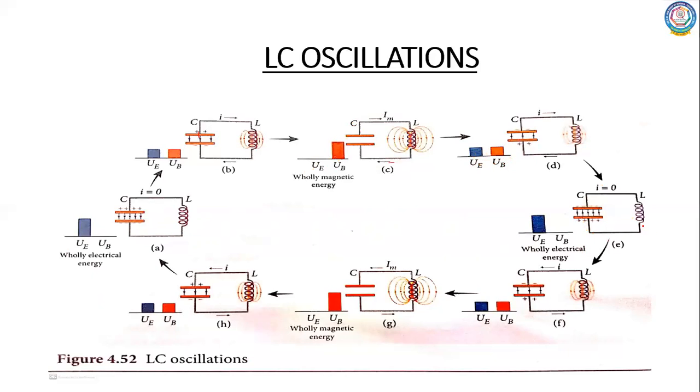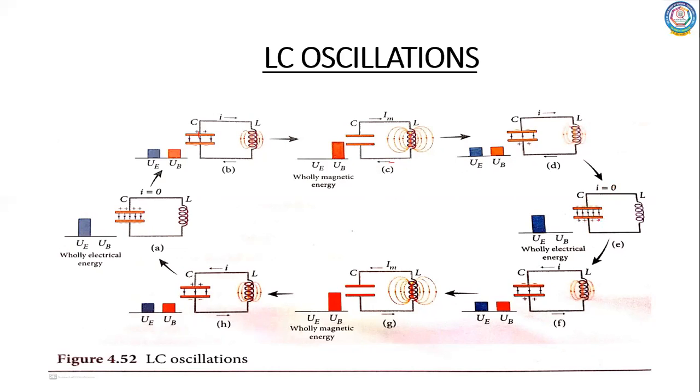Now let us move on to case E. What is happening? In case E, the current in the circuit is reducing and it reaches 0. At a particular stage, the current value becomes fully 0, which charges the capacitor.